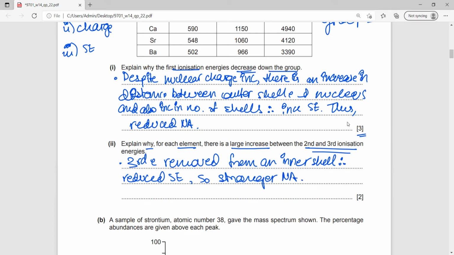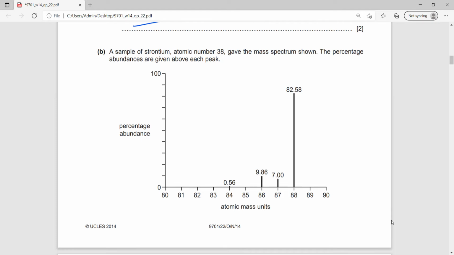You can also mention the decreased distance between the electrons and the nucleus, and the increased effective nuclear charge, but the main point is the reduced shielding effect due to an inner shell. Okay, so let's move on to the next question.